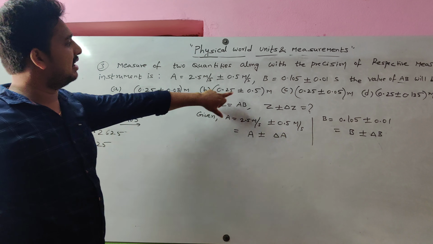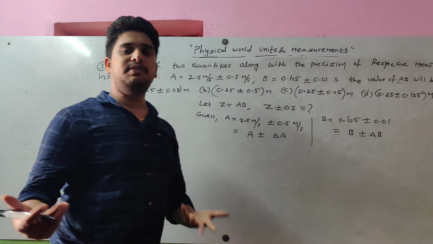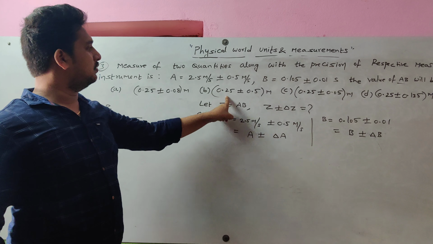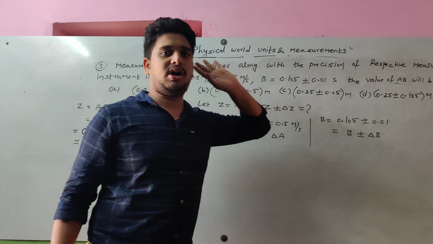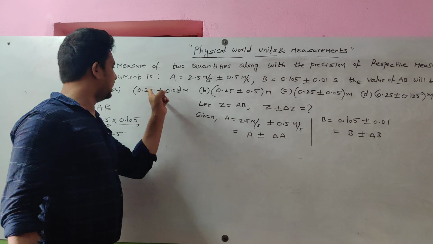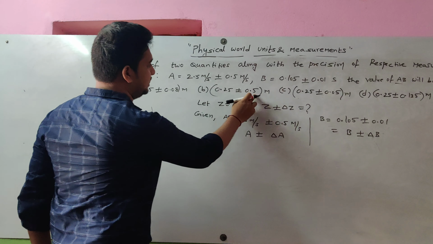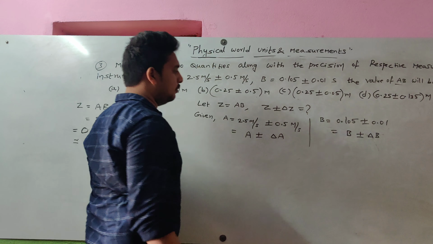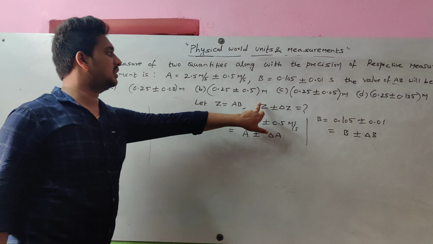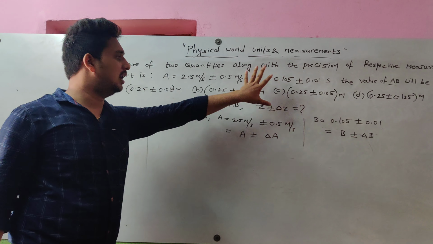If different values were given, then we would need to find. That's why Z value 0.25 we consider. But delta Z values are different, so for finding delta Z, after that Z plus or minus delta Z we apply and get the answer.